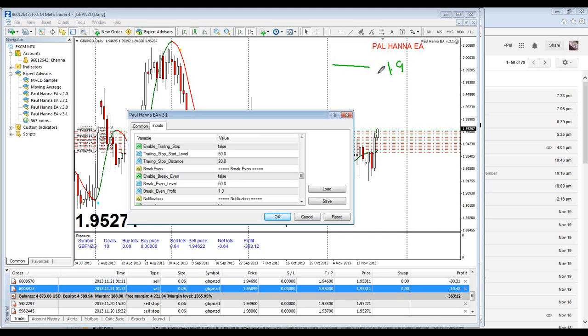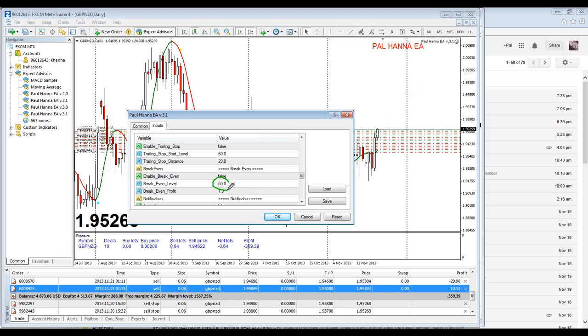I'm stuck. So the market took a turn. I came to 2.01, 200 pips, and it took another order at 2.1. And if the market turns after 50 pips from here to here, it will break even. When the market goes back, it will close it here.